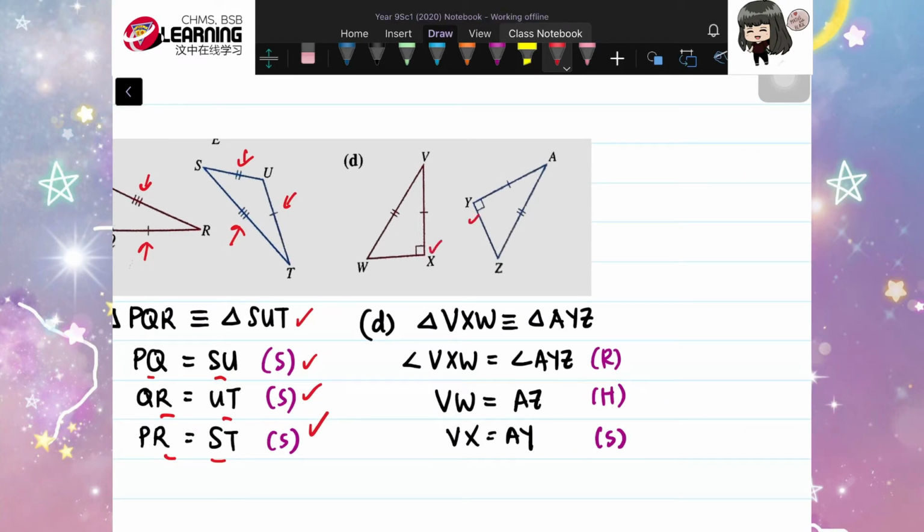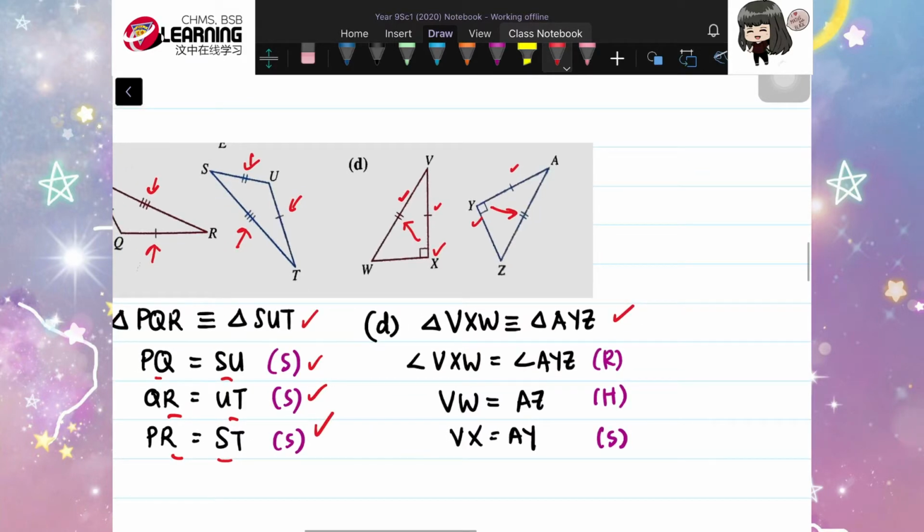Okay, part D. You are given a right angle. Let's see if it's RHS. Right angle, and the hypotenuse, yes, is given, and it's given one of the sides, either side, and this side is given. So triangle VXW is congruent to triangle AYZ.